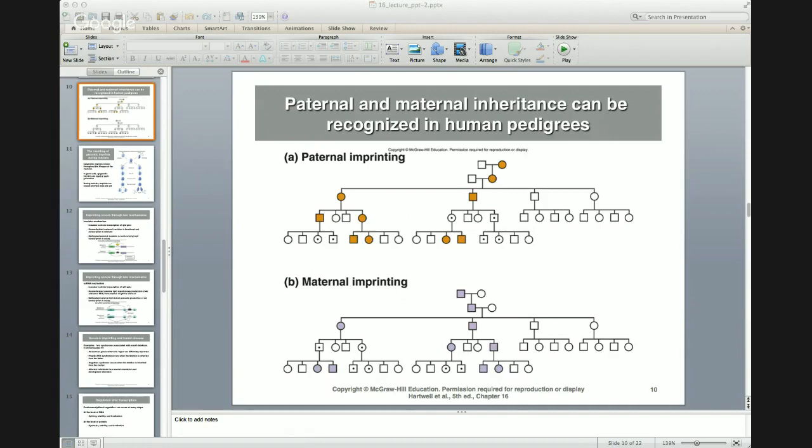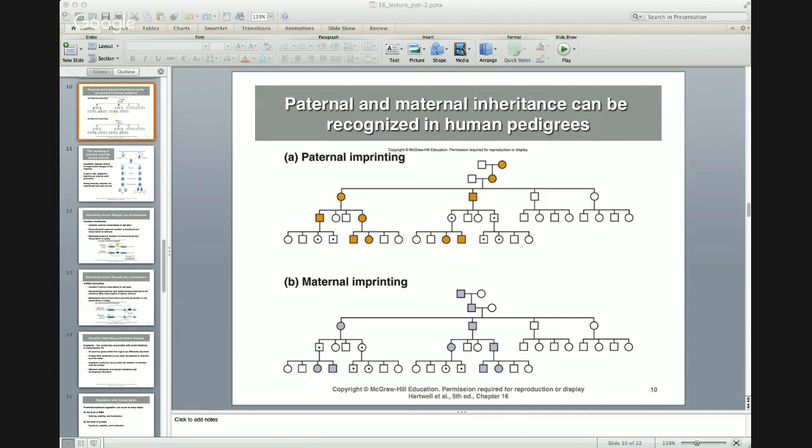If the insulator remains non-methylated, as we see in the maternally inherited allele, it is functional, because remember, methylation inhibits function, whether it's expression of the gene or the function of the insulator itself.